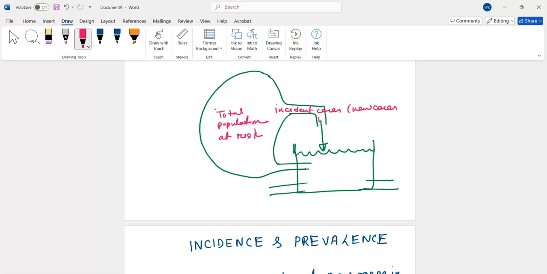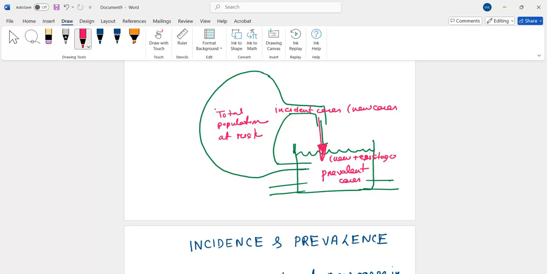These new cases are flowing through this and added to this pot or vessel here, which contains new cases plus existing cases. So this is the prevalence, or the prevalent cases, which include new plus existing cases.